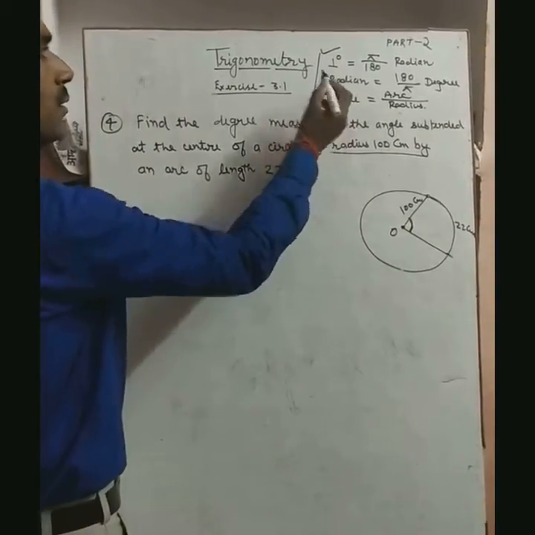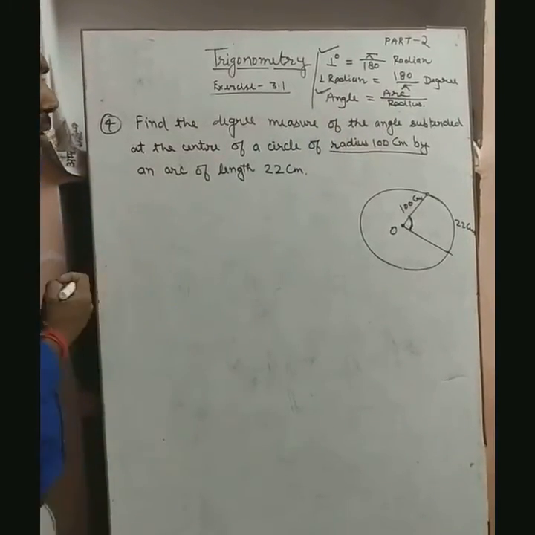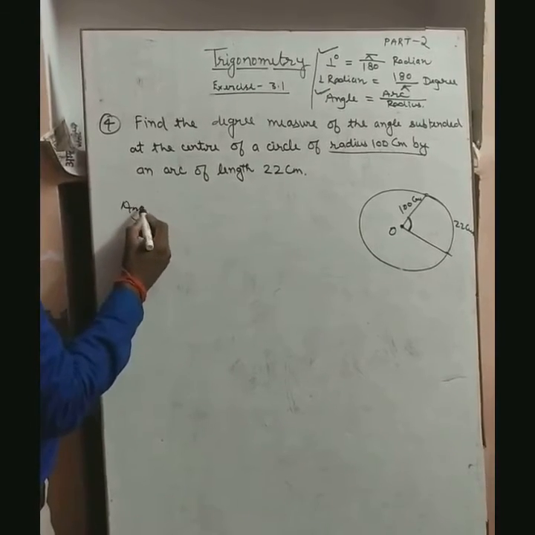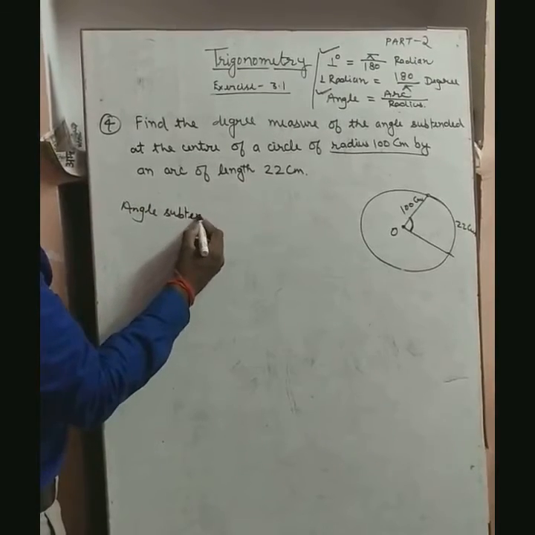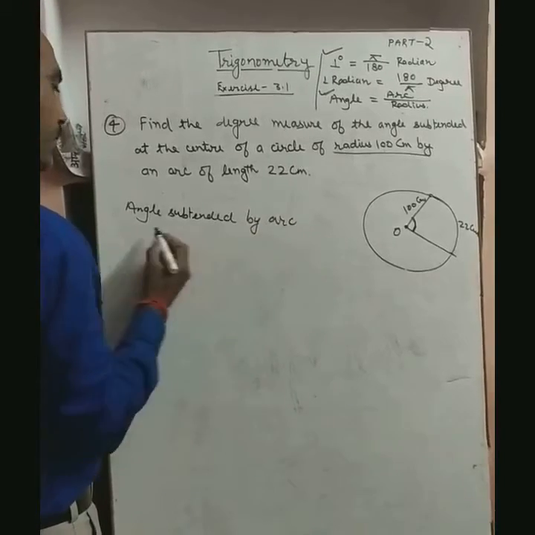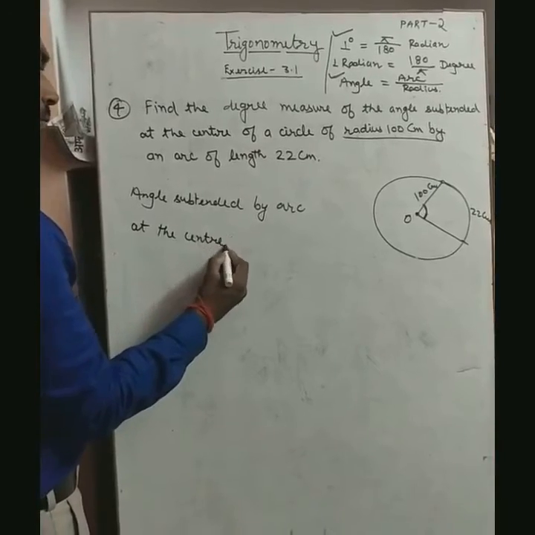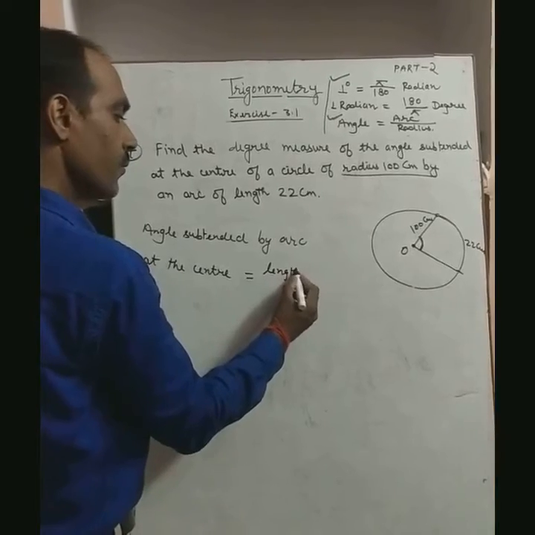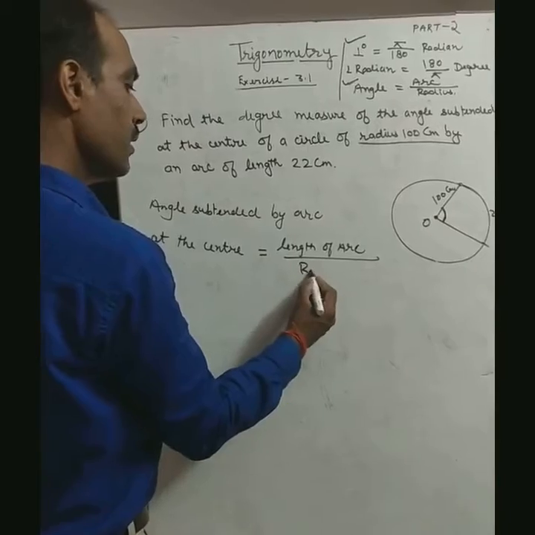Then what is the formula for this? The formula is angle is equal to length of arc upon radius. So use this formula. The angle subtended by the arc at the center is equal to length of arc upon radius.